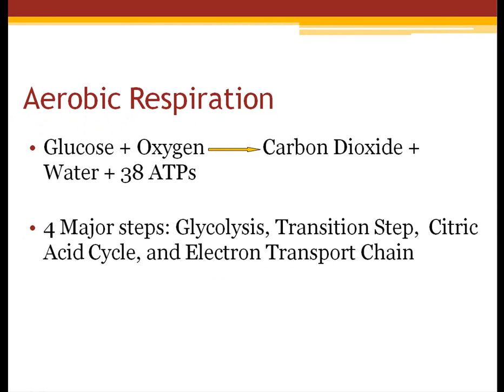Throughout these 4 major steps, we will see glucose combining with oxygen to be broken down into carbon dioxide and water. And ultimately, our net gain, or our overall reason for going through this process, is to produce ATP. One glucose molecule has the ability of creating 38 ATP molecules that will be the driving force of cellular respiration or cellular work.